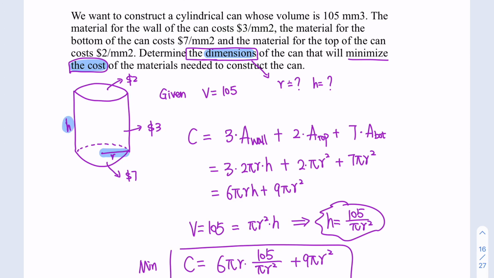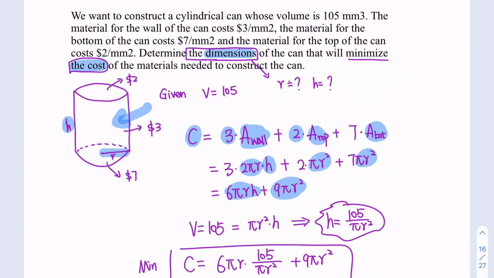So the cost function will be $3 times the area of the wall, which is the side, $2 times the top area, and $7 times the bottom area. The wall, when we open it, will be a rectangle: the perimeter of the circle times the height, basically length times width, plus 2 times the circle areas. So now the cost function equals this, and we have two variables, h and r.